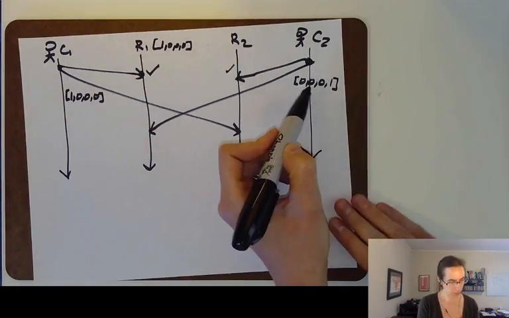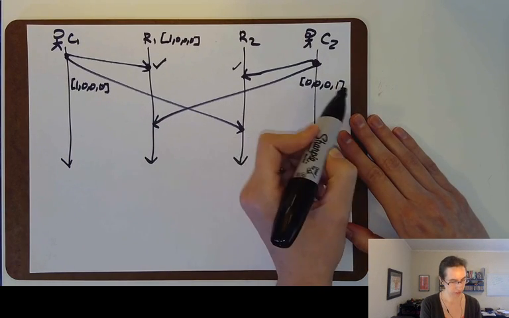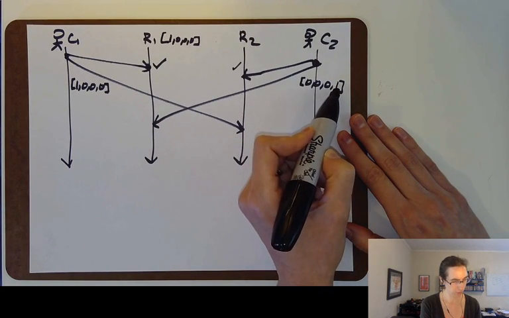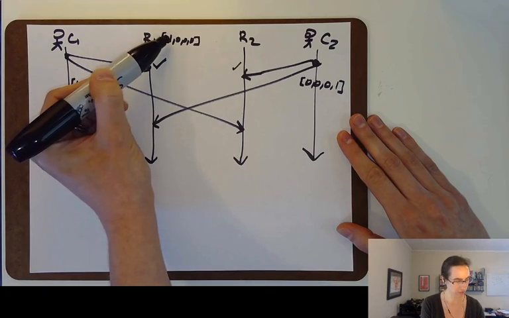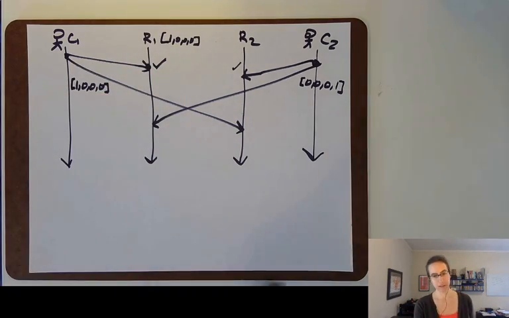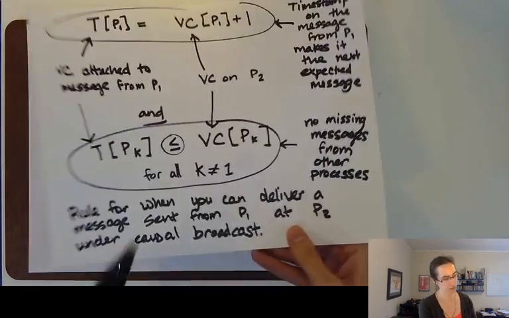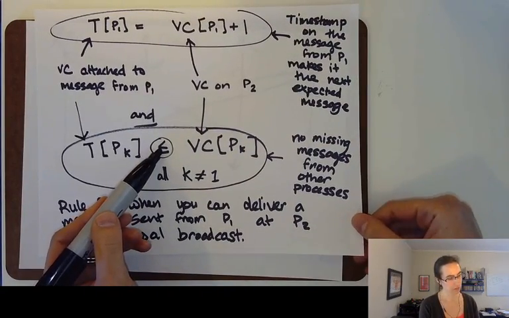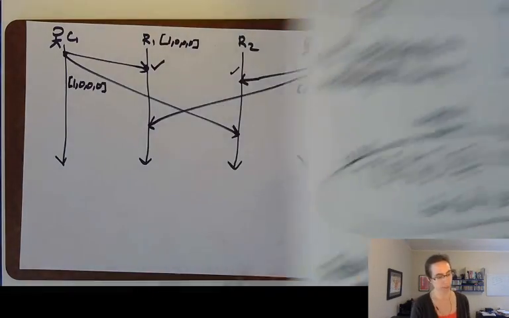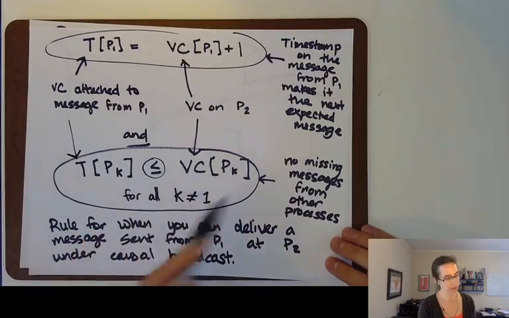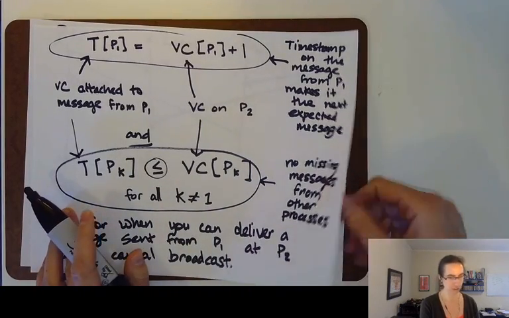So is that true here? Well, yeah, it is. So this vector clock attached to the message, 0001, it's one less than this clock up here, but that's okay because this is less than or equal here. So that's actually fine. The point of this rule is to rule out messages that are coming from the future.